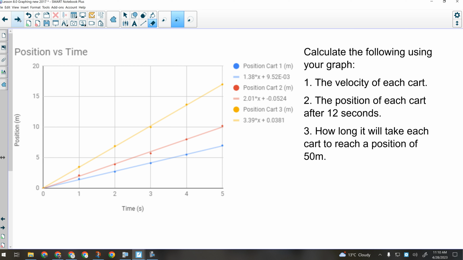I would like you guys to tell me what the velocity of each cart is, the position of each cart after 12 seconds, and how long it will take each cart to reach a position of 50 meters. Spoiler alert, I'm going to ask you the same 3 things in the analysis questions of your lab on Tuesday.